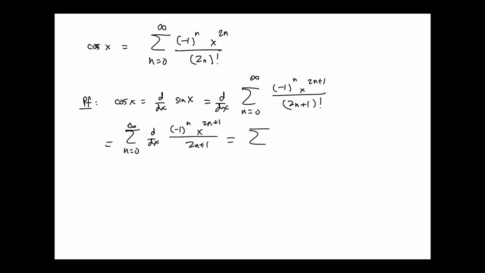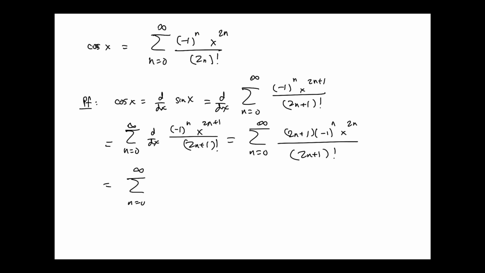The power rule says the power comes down. You take one away from the power, and then if we simplify, we get that, right?